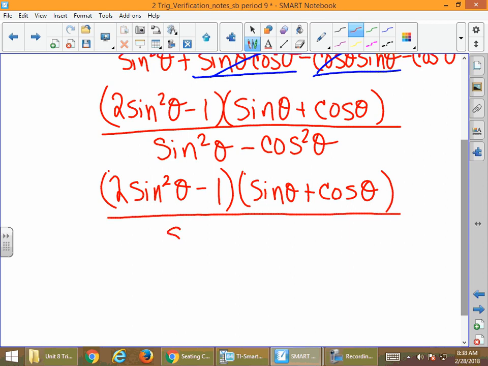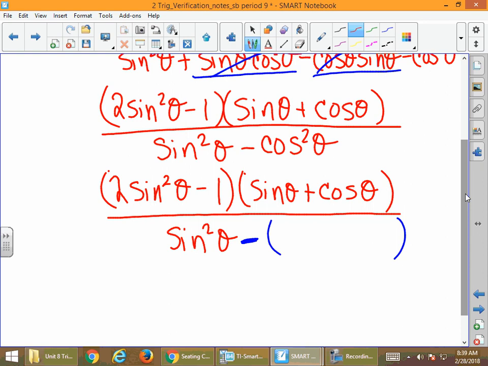So let's take the denominator and let's leave the sine squared in there. And I'm going to switch colors here. I'm going to put blue here. How can we rewrite cosine squared in terms of sine squared? That's when we're going to look at our yellow paper.